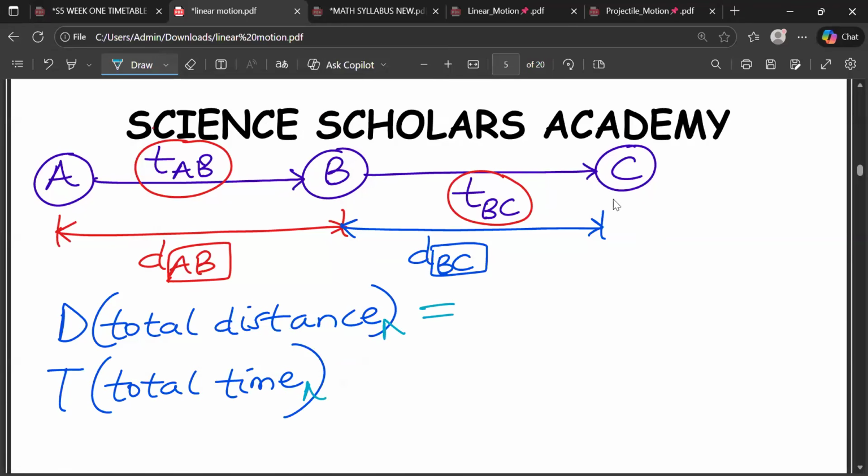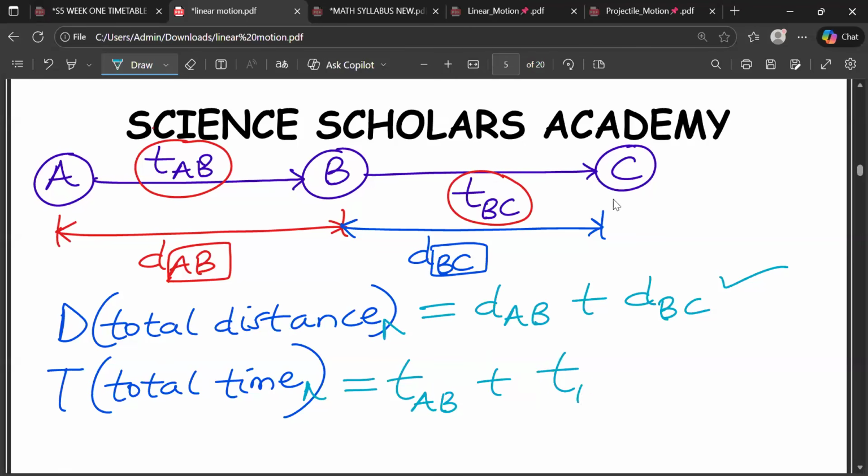So the total distance we'll have covered will be the distance from A to B plus the distance from B to C. Then the total time you'll have taken is the time you used to move from A to B and the time you used to move from B to C.